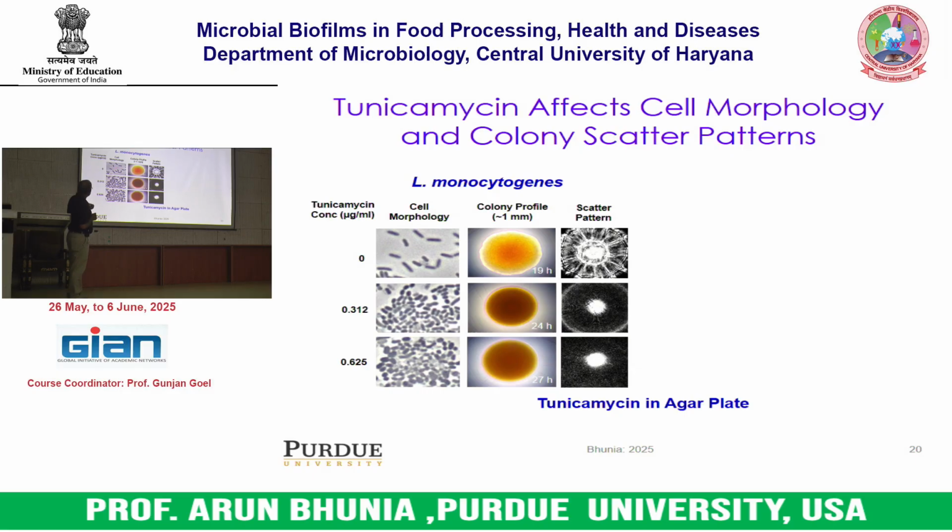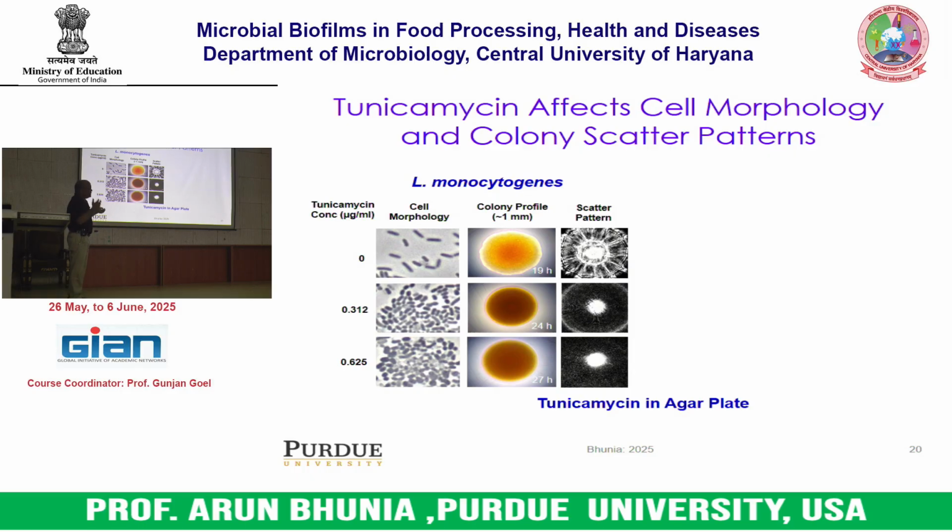You can see it's normal, and as soon as you use the 0.3 microgram level, you can see this morphology begin to change. A little bit higher, you can see it change again, right? So you are seeing that bacteria are undergoing stress, and therefore their morphology is affected. Already I mentioned that it's going to affect the morphology.